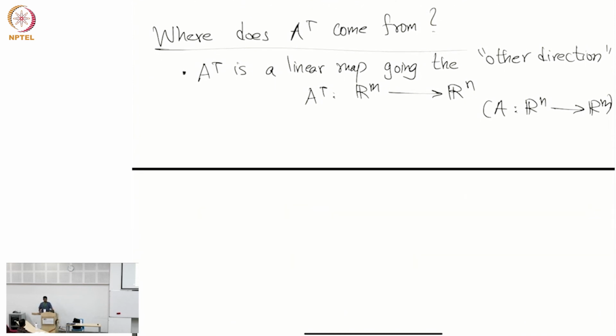In order to define this, you need an operator called an adjoint, and A transpose is just the adjoint in finite dimensional vector spaces. So we'll say this comes from defining what an adjoint map is.